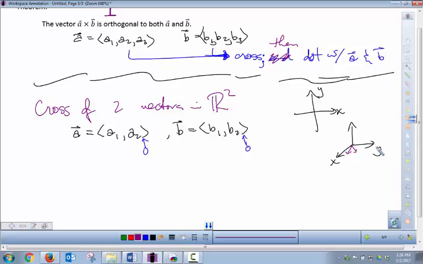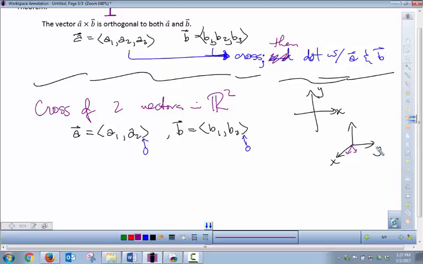Let me rephrase the question. The vector will be parallel to what? The z-axis. Now, it depends on how you cross this, whether it's going to be pointing up or pointing down.